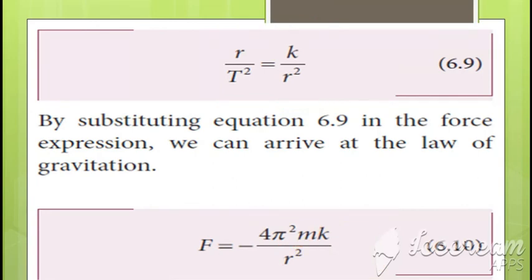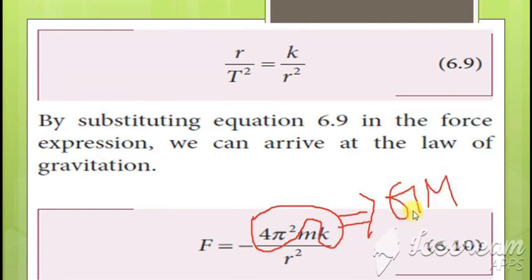Now we are also going to assume one more thing. Instead of this 4 pi square into k, it is going to be written as capital G into M, where G denotes the gravitational constant and M is a mass.